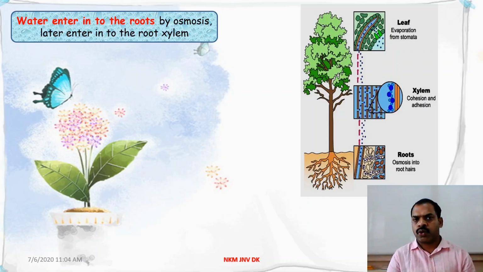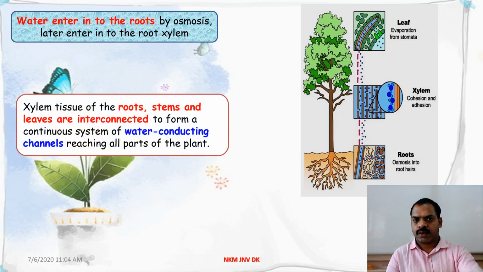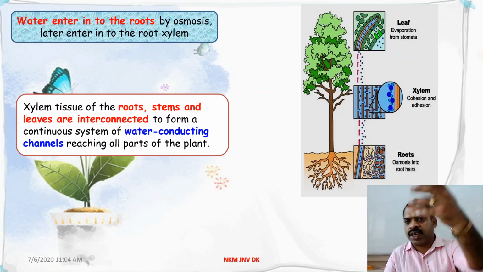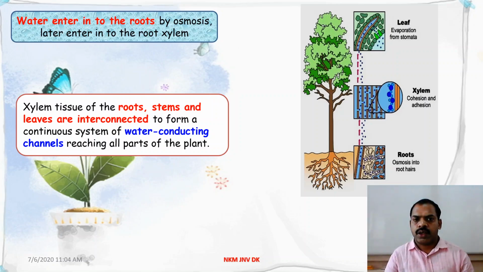So water enters the roots by osmosis. From there it goes to the root xylem. Now the xylem tissue of the root is continuous with that of the stem and ultimately up to the leaves.